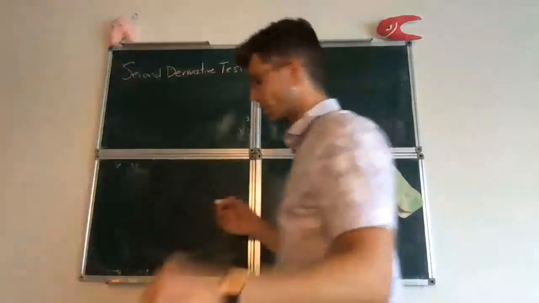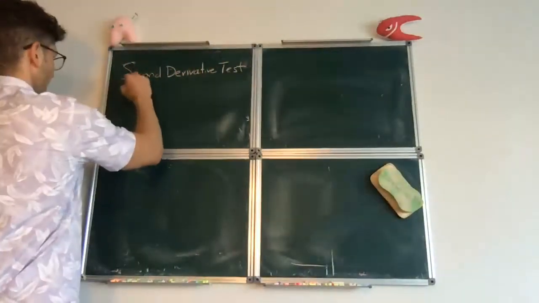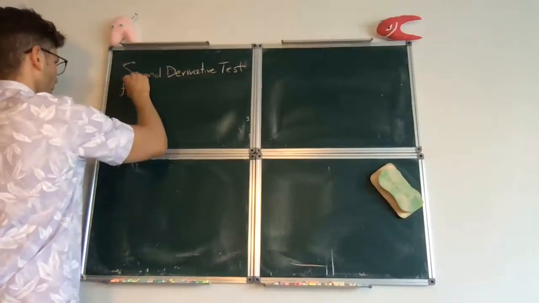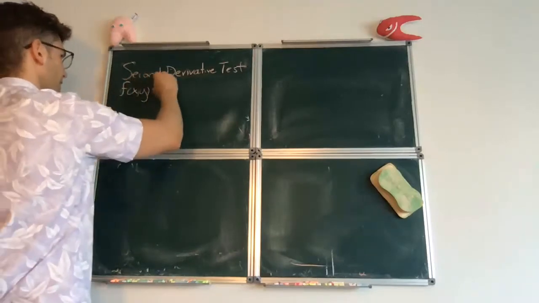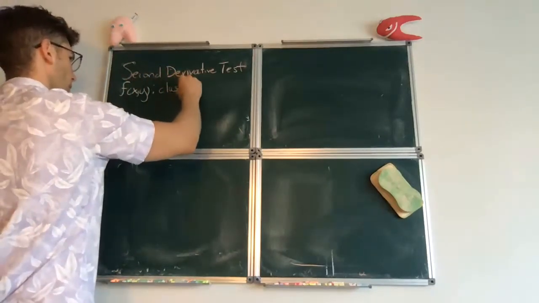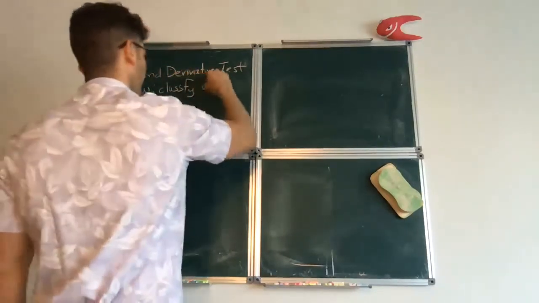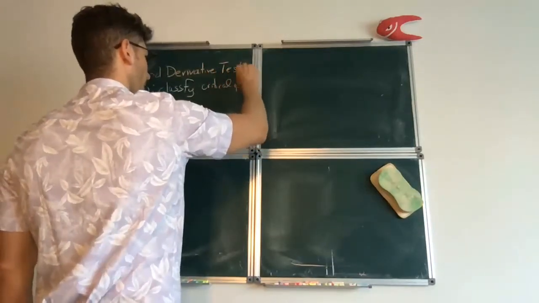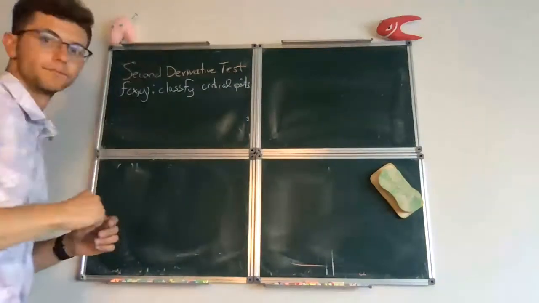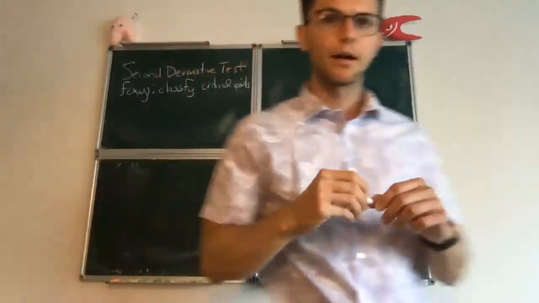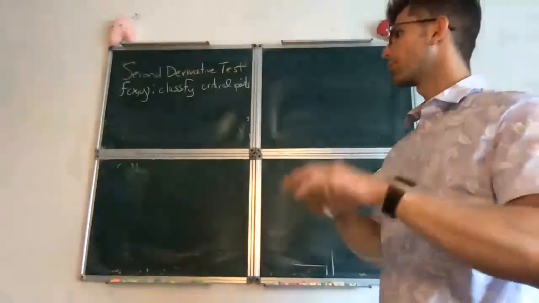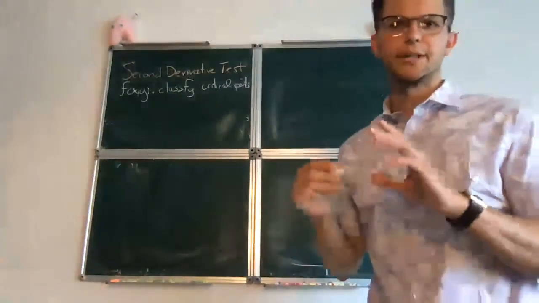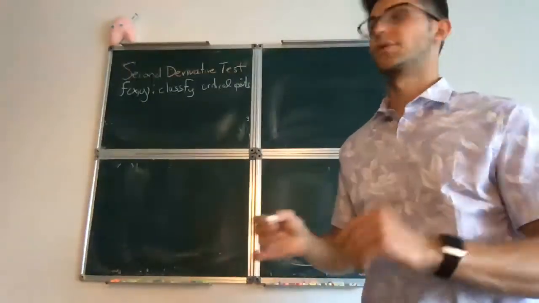You have a function f of x, y, and you want to classify the critical points. Now, by that, it is already assumed that you found the critical points, right?